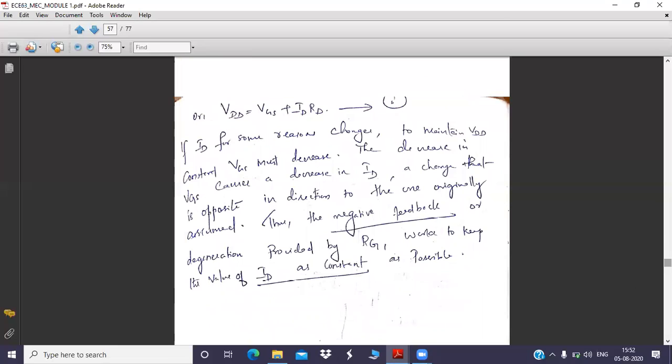It is RG, because RG is connected between the gate and drain as the feedback resistor. Okay. Any doubts? So here also we are trying to keep the Q point stable.